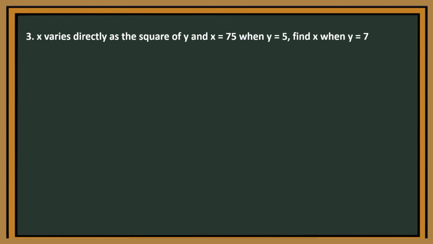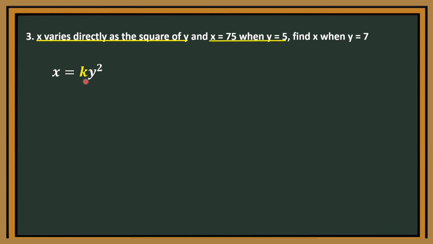Number 3. X varies directly as the square of y, and x is equal to 75 when y is equal to 5. Find x when y is equal to 7. So we translate "x varies directly as the square of y." That is x is equal to k times y squared, where k is constant.